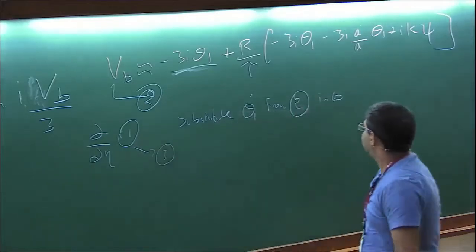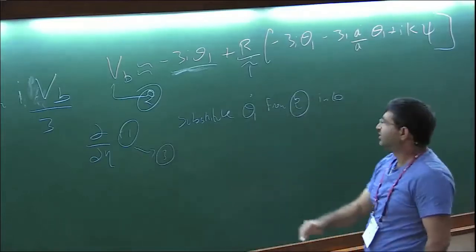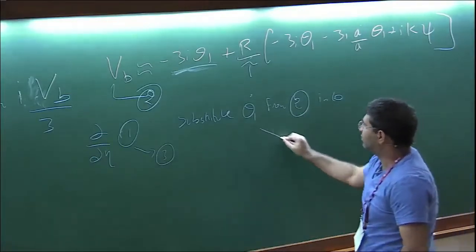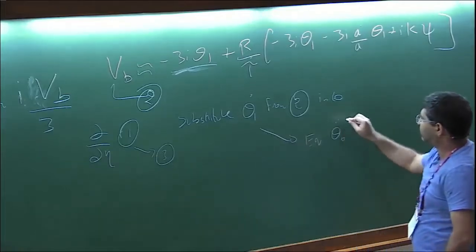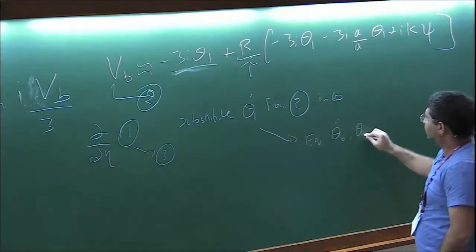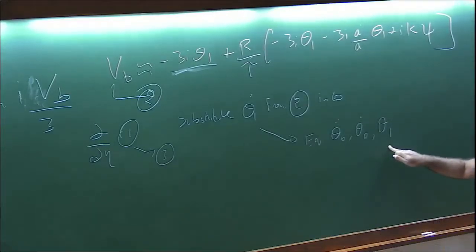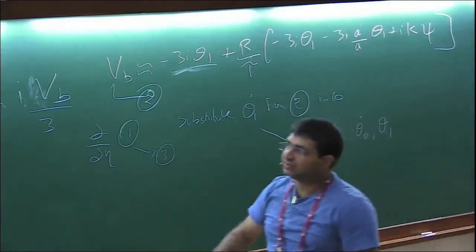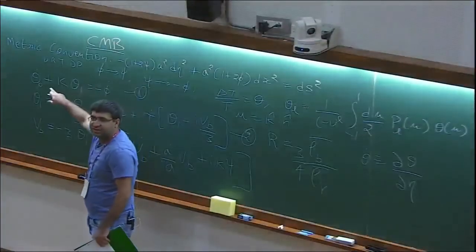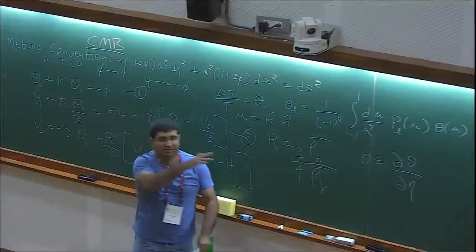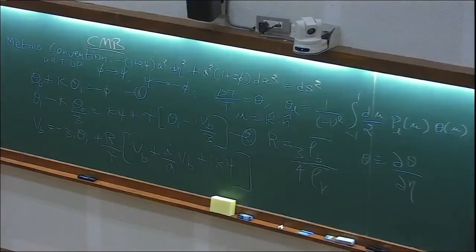That gives you an equation which has time derivatives of θ0, but no time derivative of θ1. And then θ1 we can substitute from here. So now we can solve this equation for θ1 in terms of θ0 dot and phi, and we substitute there, and we get a single equation for just θ0.